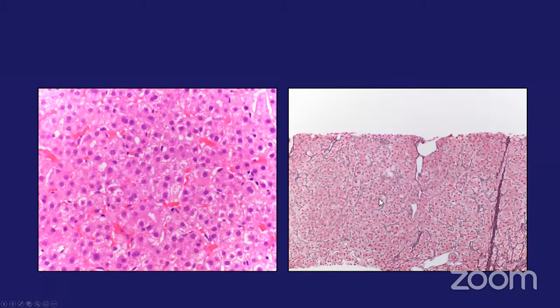Some plates are thickened, but very focally, and some are not. Of the three stains, the heat shock protein was negative, the glutamine synthetase wasn't diffusely positive in this case, and the GPC3 was negative. So this one you can call a high-grade dysplastic nodule, or at least a high-grade dysplastic nodule.